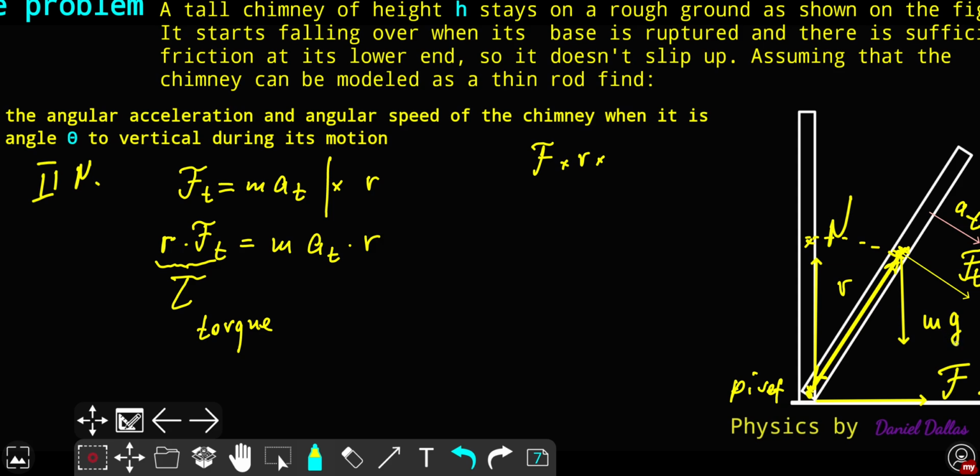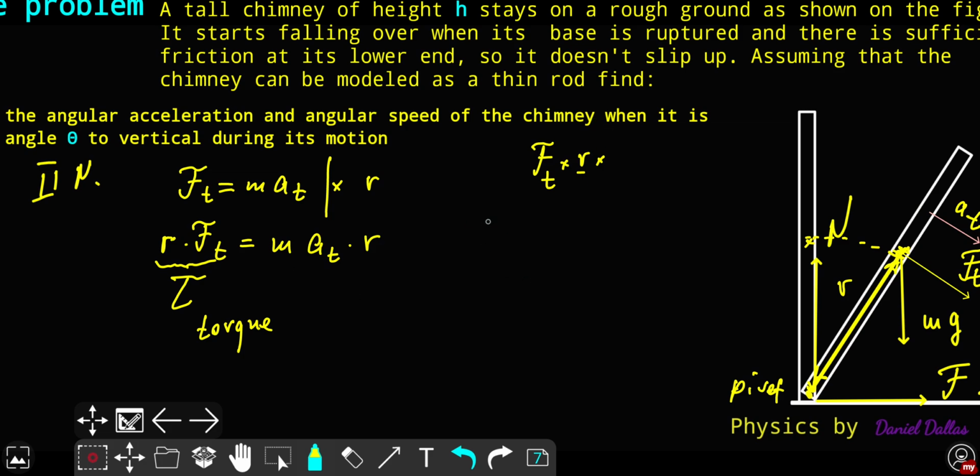But that's typically the same as taking the tangential force and multiplying by the distance along your rigid body from the pivot to your given point, okay? So that's what we're going to use there.